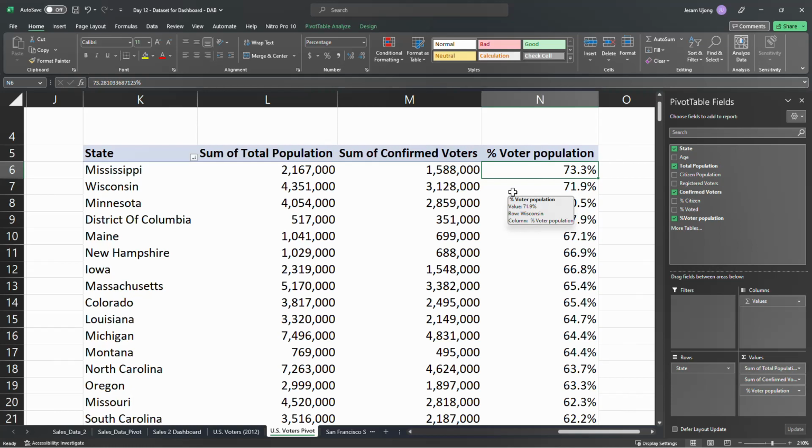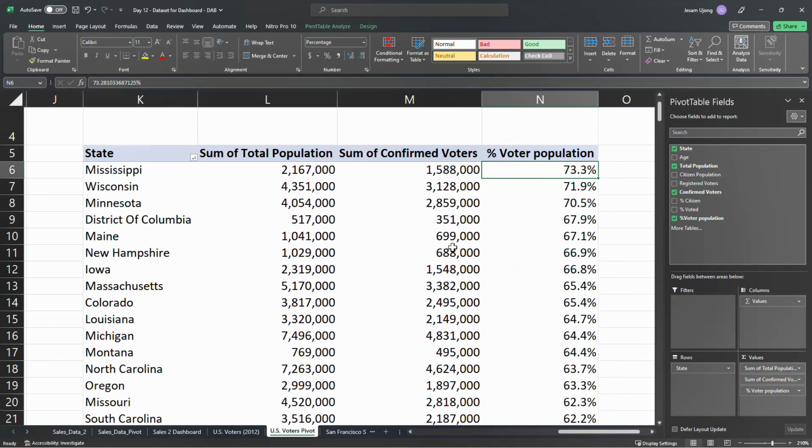You do the subset over the full set. So total population is supposed to be the denominator, while confirmed voters is the numerator. Okay, I think that's why we were getting 100% above. I think that was why it was none.